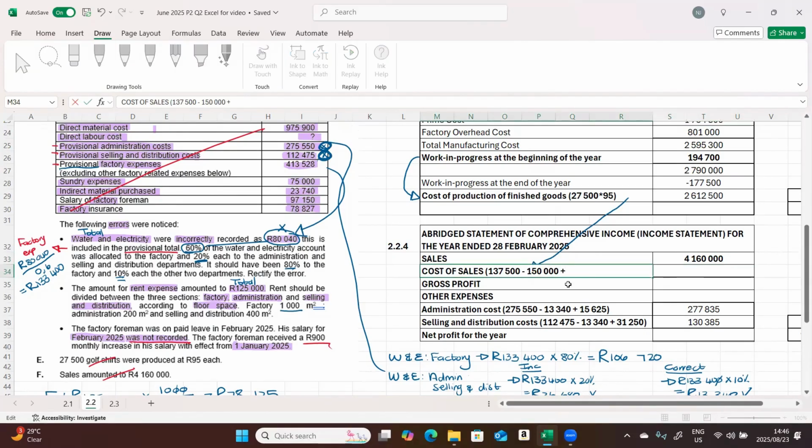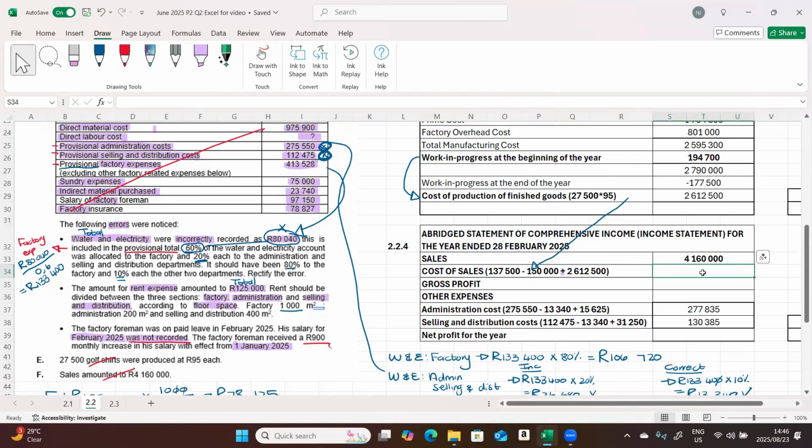So let's do exactly that. 2,612,500 Rand, close your bracket, and then when you do that calculation, you are going to get your cost of sales. So 137,500 minus 150,000 plus 2,612,500, and there you get your cost of sales of 2.6 million.